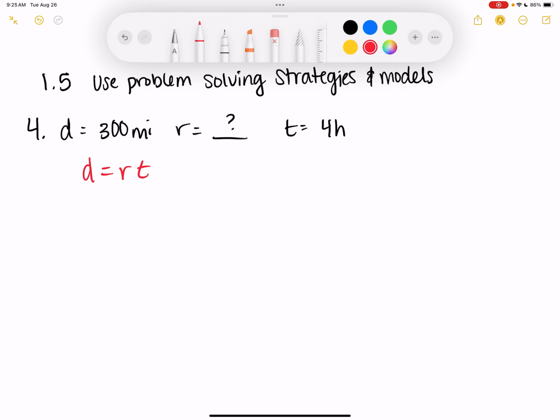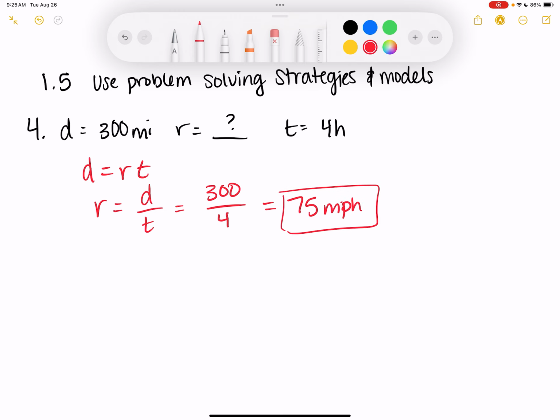If we're solving for R, that means we divide by T. So D divided by T would be 300 divided by 4, which is 75. 75 miles per hour. You can do MPH or actually write it out as miles per hour.